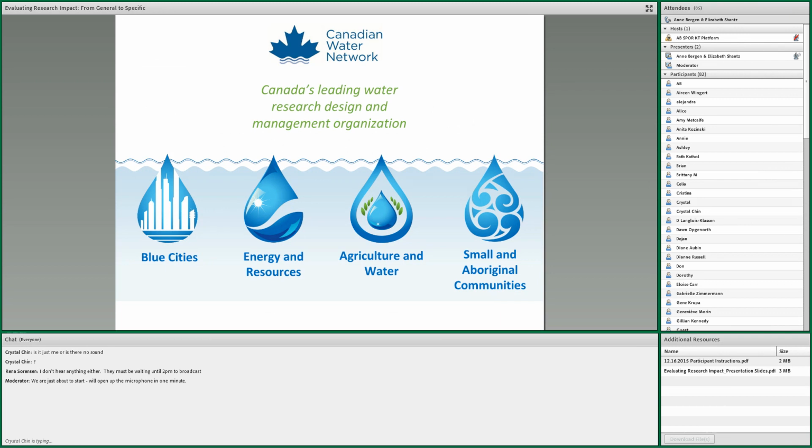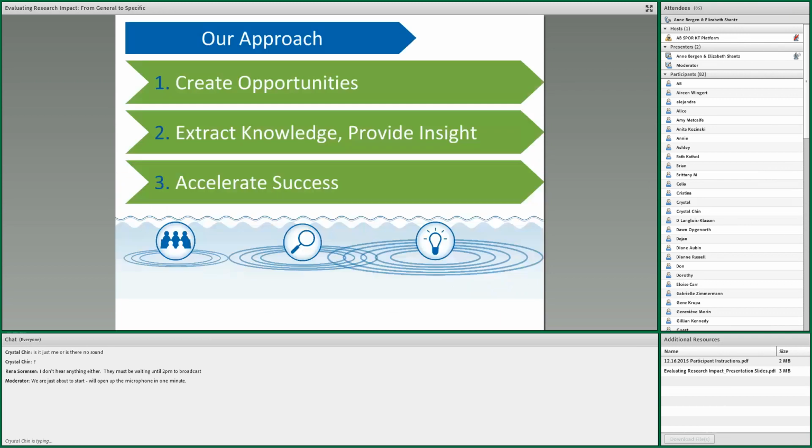We use a collaborative, consortium-based approach to ensure that the right knowledge is available to inform practice, policy, and investment opportunities. And we do this by bringing together end-user groups with common challenges, funding and managing research that answers these challenges, and ensuring that end users can access and apply this knowledge for success.